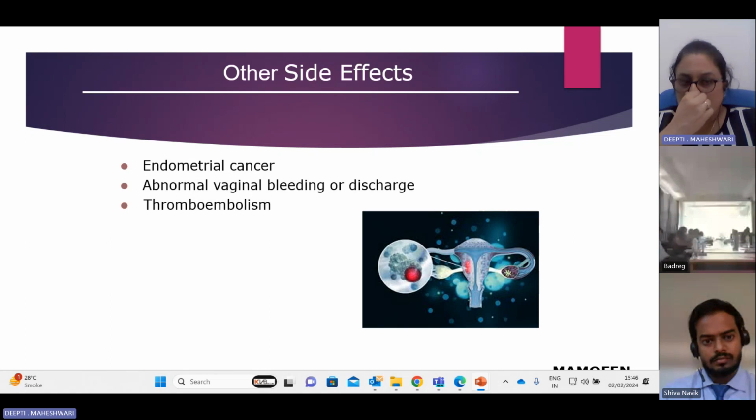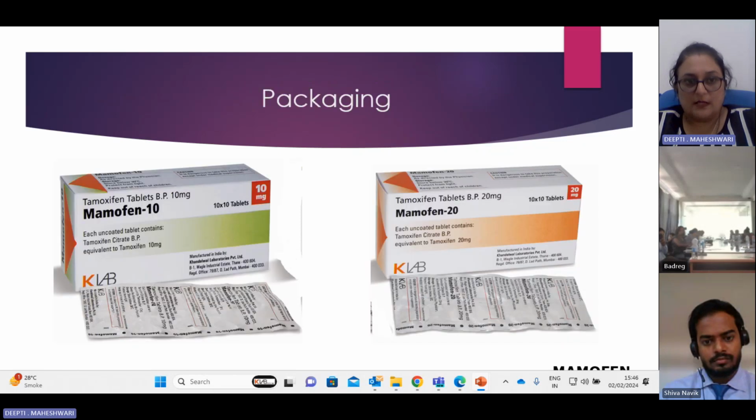Another side effect we saw is endometrial cancer, which could present as abnormal vaginal bleeding or discharge sometimes. Thromboembolism we have also seen.